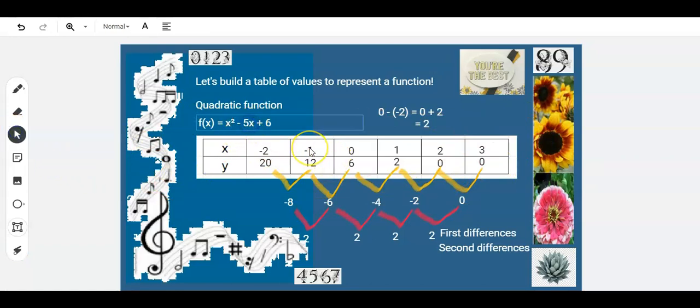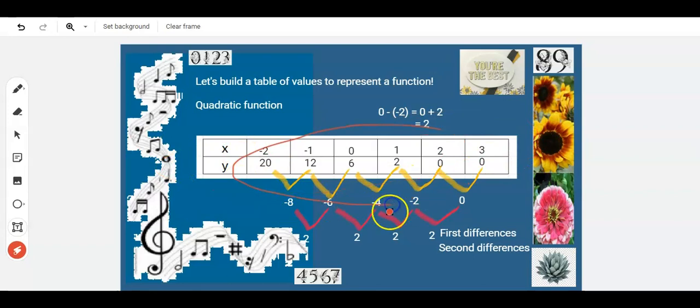That is what the Professor gave. So when you get the second differences and they are the same, common, then this table of values is for a quadratic function. So this set of ordered pairs is a set of ordered pairs for a quadratic function.